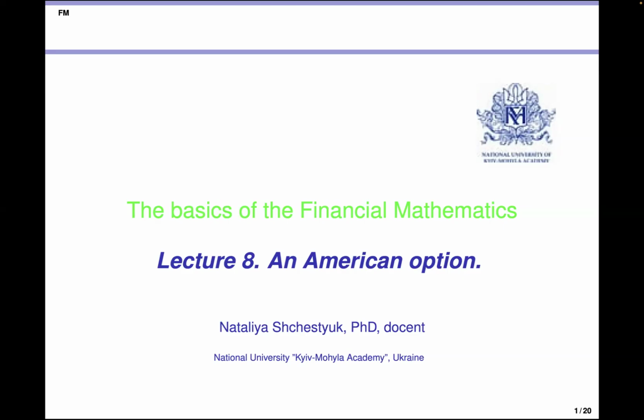In the previous lecture, we evaluated the price of European options in the multi-period binomial model. But there are not only European options, but for example American options and some other kinds of options. So about that is today's lecture.